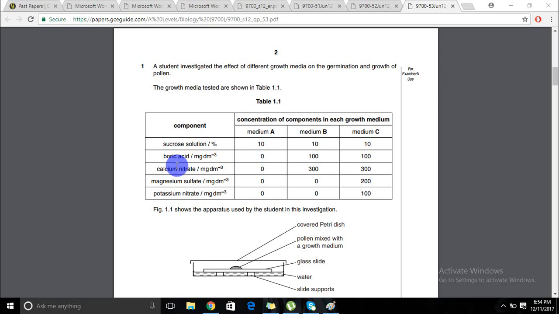There are 5 essential components and their concentration within the media is written.